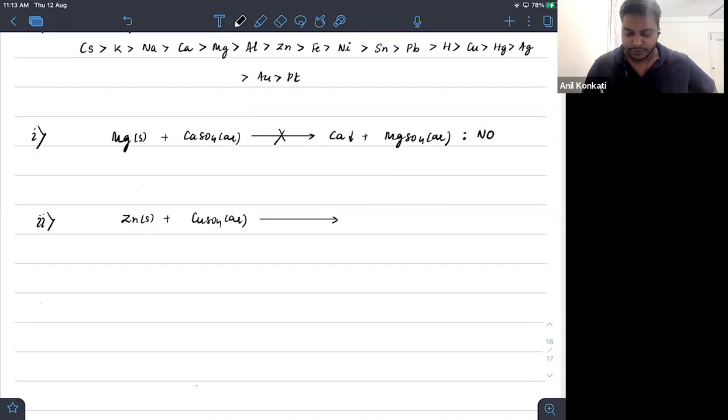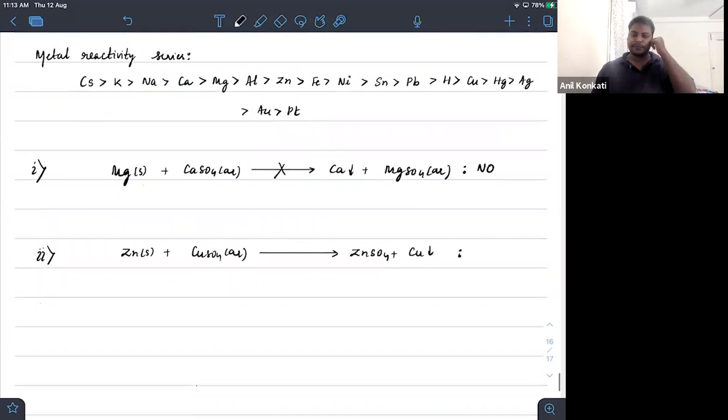Zinc reacting in copper sulfate giving ZnSO4 plus copper. Now tell me yes or no for this. Everyone tell me quickly.